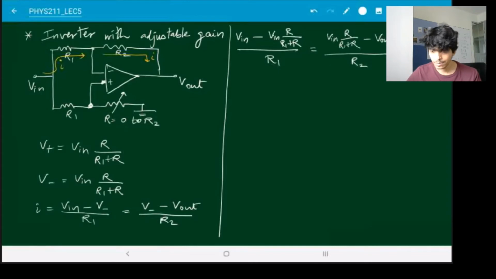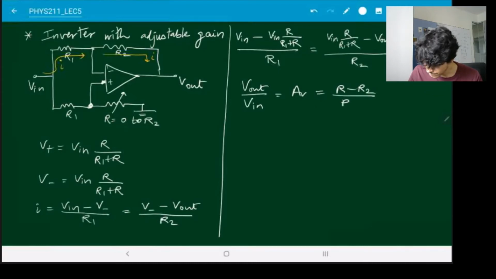Now you can work this out, you can manipulate this equation to find out what is V out divided by V in. So take all the V ins on one side, and then that will essentially tell you that V out divided by V in, which is our voltage gain, is going to be, what is the formula? R minus R2 divided by R plus R1.